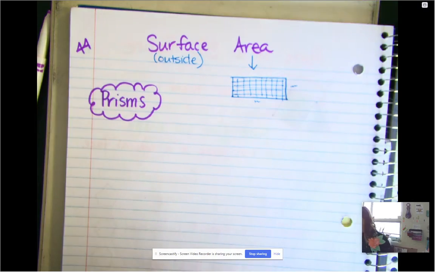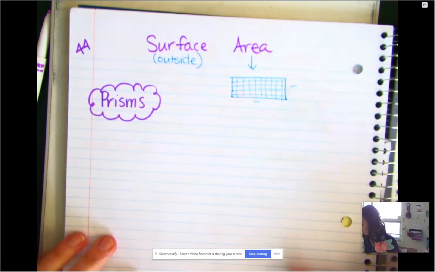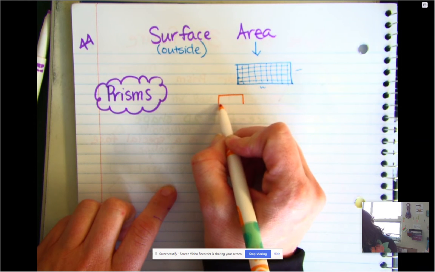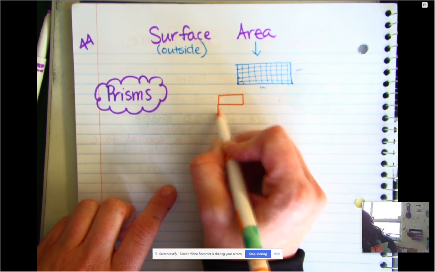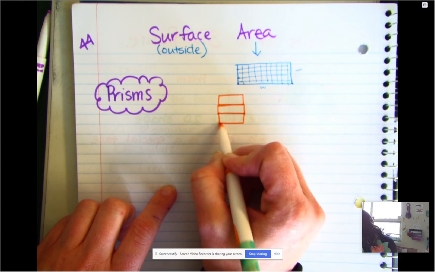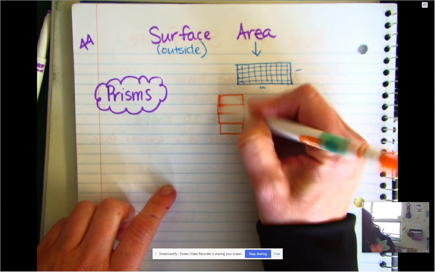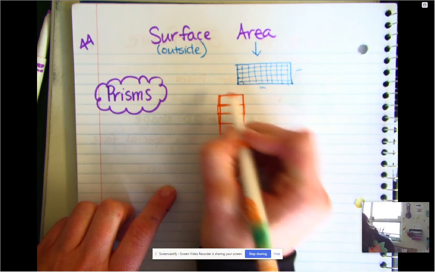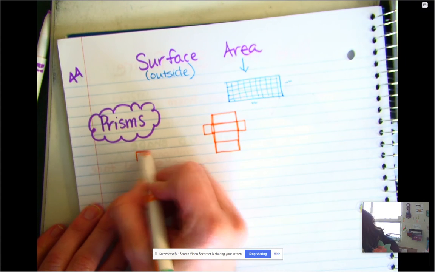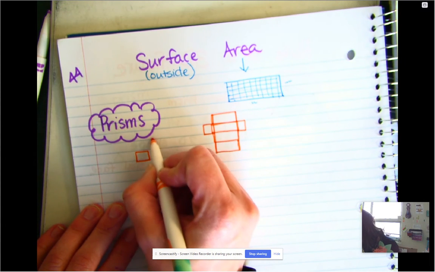So we're going to attempt to draw what this looked like. And then a square on either side. So when it looks like this, it's a prism.